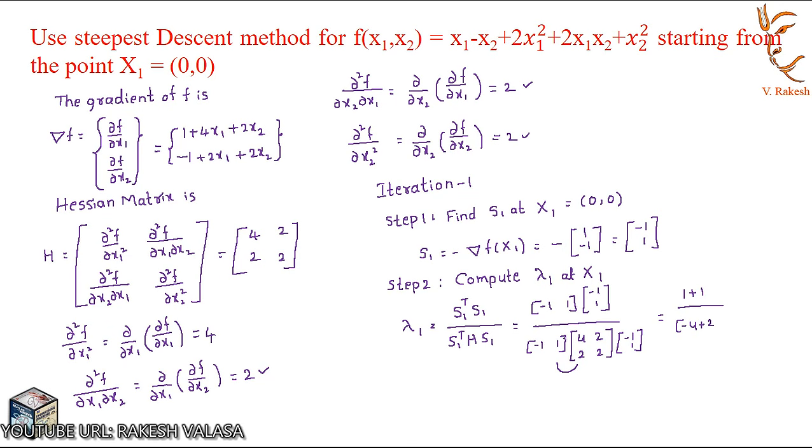Next one is minus 1 into 2 is minus 2, 1 into 2 is plus 2. Write the remaining vector minus 1 1. Now simplify this term, that is 2 by, minus 4 plus 2 is minus 2, minus 2 into minus 1, that is minus 2. This is 0.